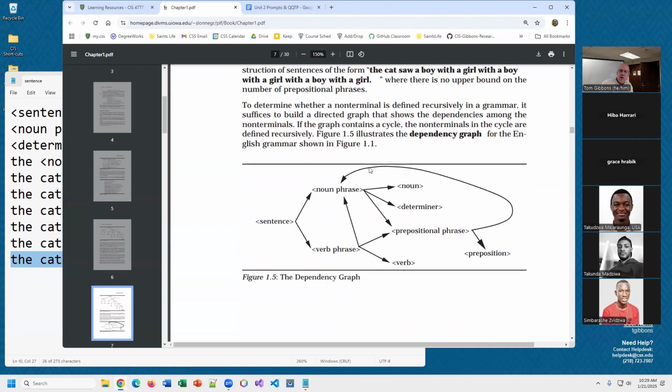Another way of showing this is a dependency graph, showing what depends on another. I also learned something called syntax diagrams, which are kind of flow diagrams for this. Let me see if I can bring one up.